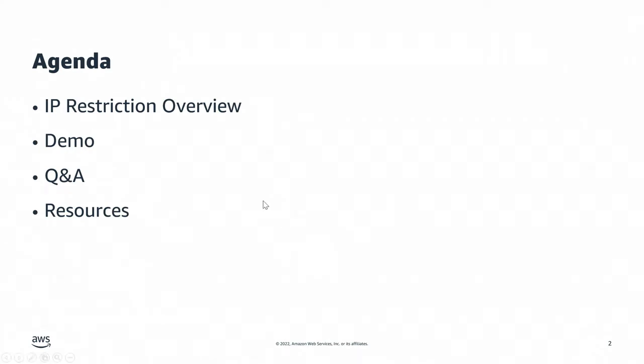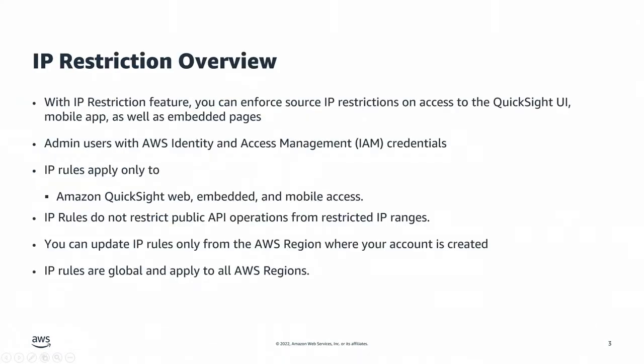Okay, let's get into the overview first. IP restriction is one of the commonly asked questions from our customers and in the QuickSight community forums as well. The Internet Protocol restriction, or IP restriction, acts as an additional layer of security in cases where the organization wants to limit its users to access QuickSight either from the QuickSight UI, the mobile application, or the embedded pages as well.